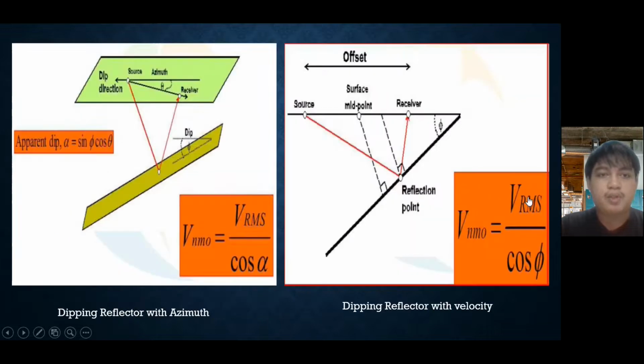For the second picture, we have the dipping reflector with azimuth and the dipping reflector with velocity.